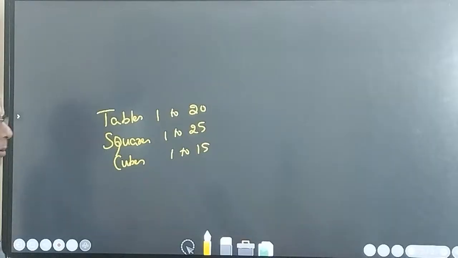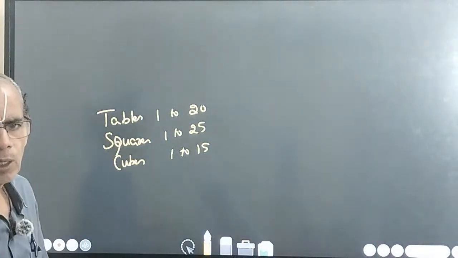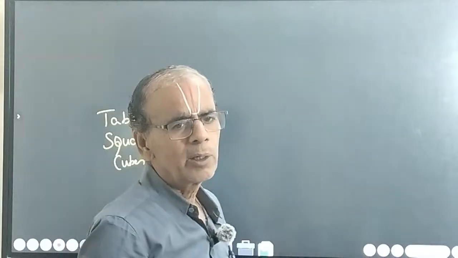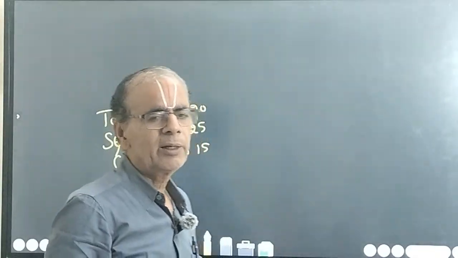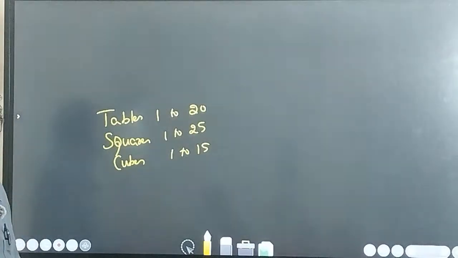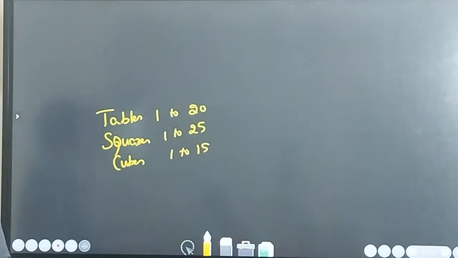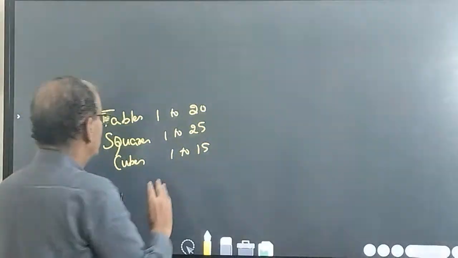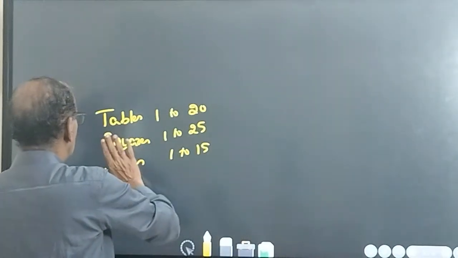Then only you will be able to do. Similarly, divisibility rules of 2, 4, 6, 8, 16, 11, 7, 13, these are all very essential. 9, 3, 6 also.